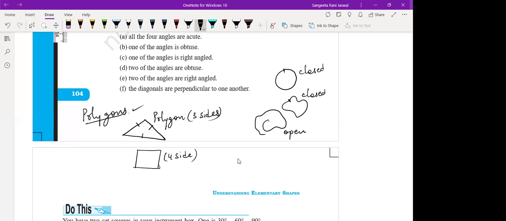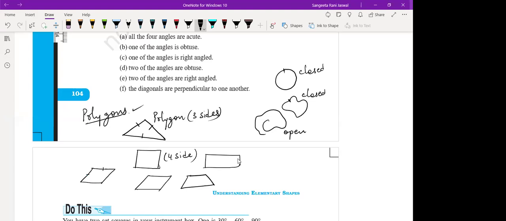Same way I can have a four-sided rectangle, a four-sided parallelogram, a trapezium, and a rhombus whose all sides are equal.